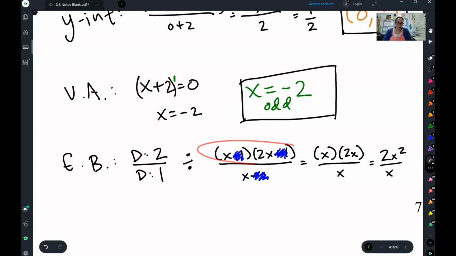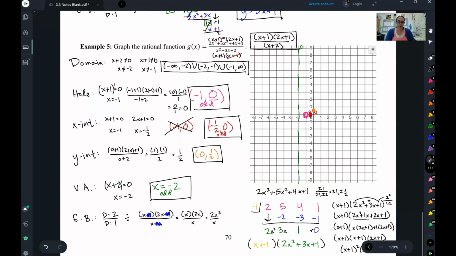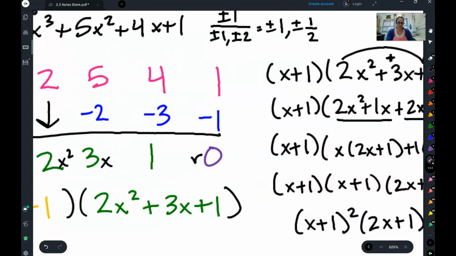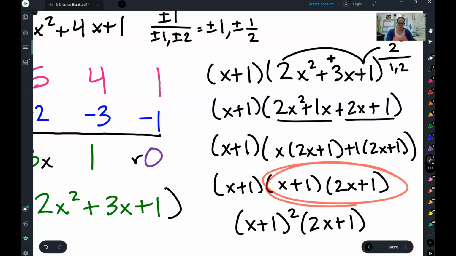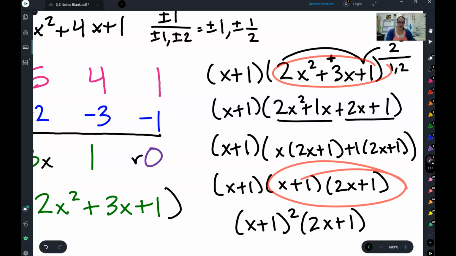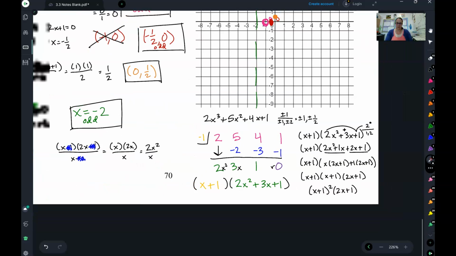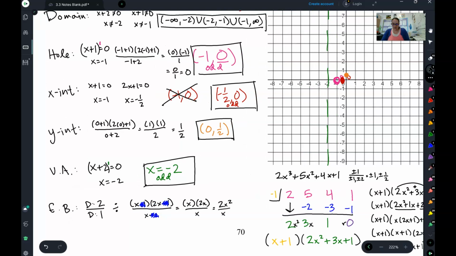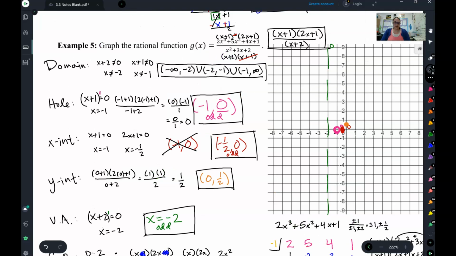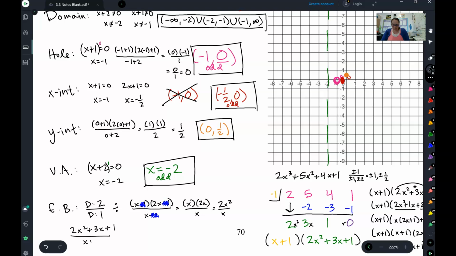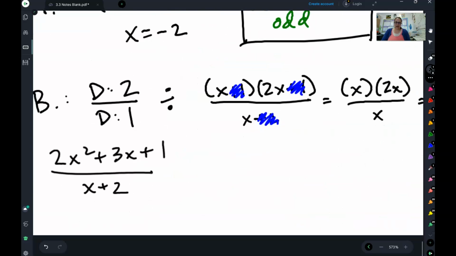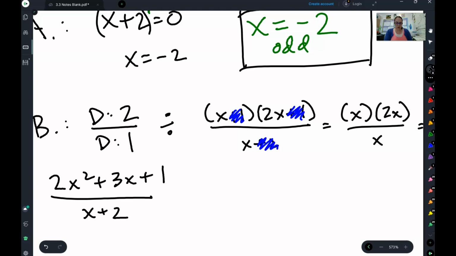So I need to foil these two things together, x plus 1 and 2x plus 1, which I actually already did. Foiled together, that is 2x squared plus 3x plus 1. Let's write this down. 2x squared plus 3x plus 1 divided by my denominator of x plus 2. And I need to do long division on this because I'm top heavy.